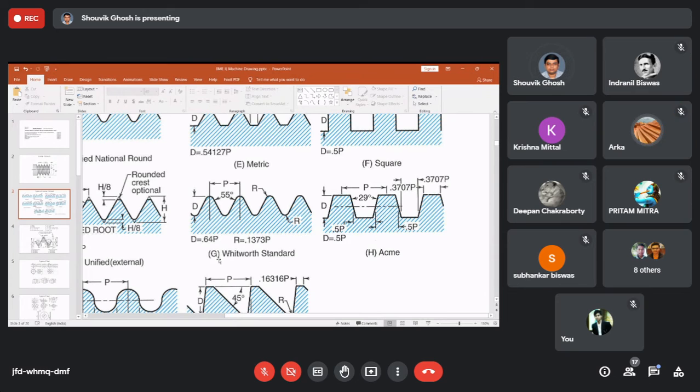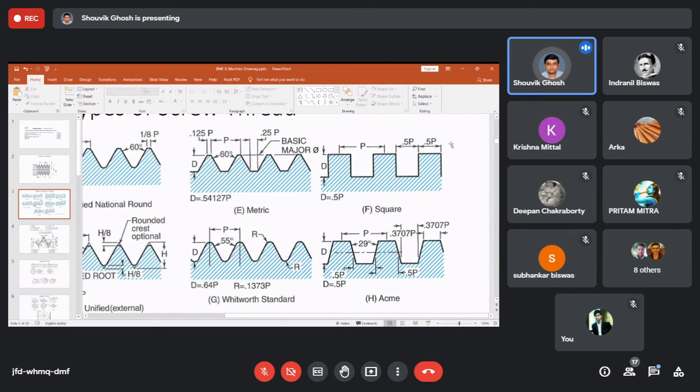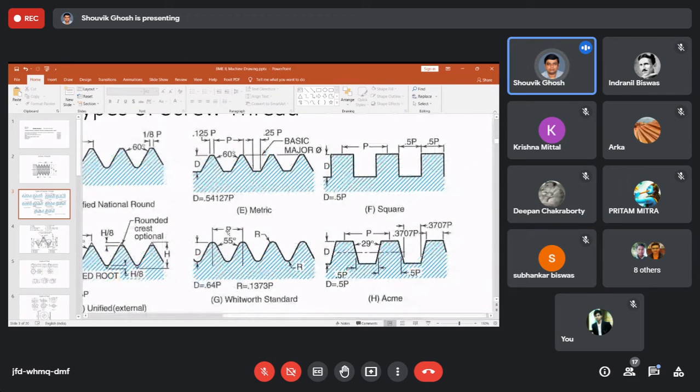আচ্ছা, Whitworth স্ট্যান্ডার্ডটা যে থ্রেড আছে, you can see the difference. Initial first difference is the angle, that is 55 degree angle. বাকিতে আমরা সবকটা 60 ডিগ্রি আর স্কোয়ারের ক্ষেত্রে 0 ডিগ্রি দেখেছিলাম, কারণ it is parallel lines. So here the major difference you will find initially is the angle, that is 55 degrees for Whitworth.